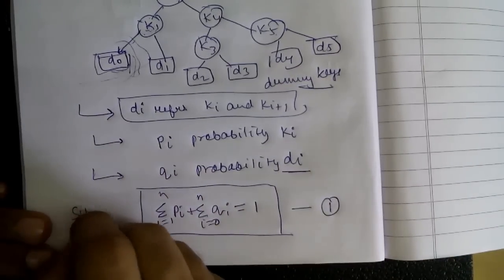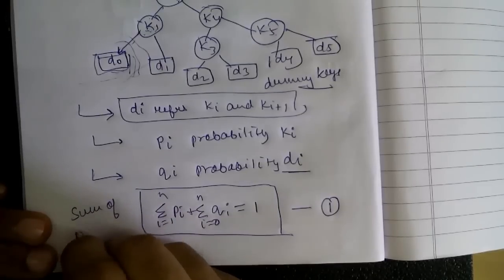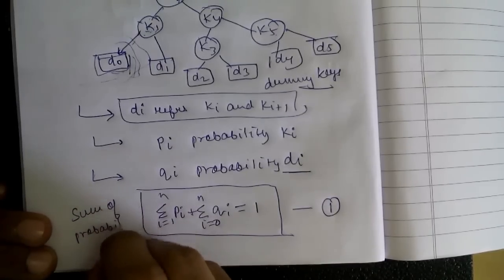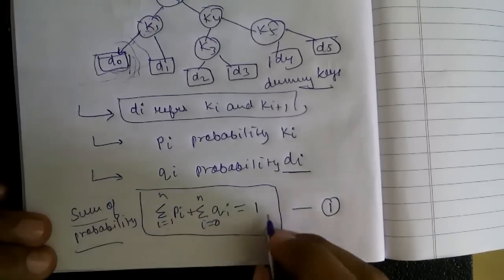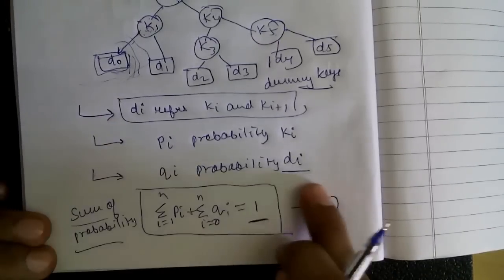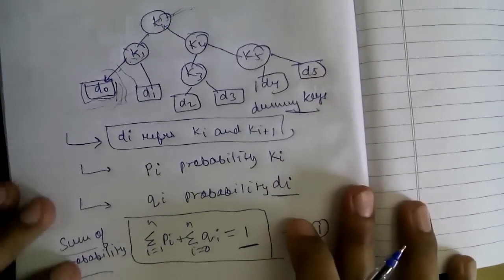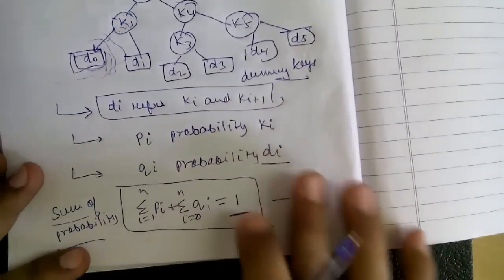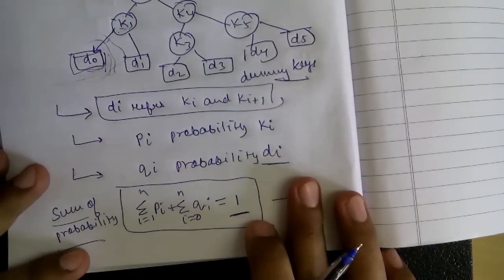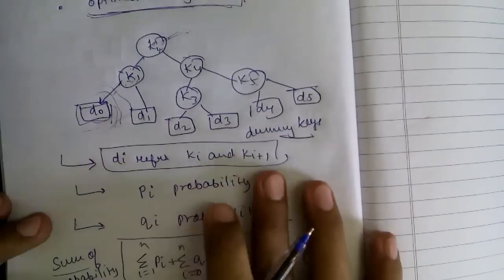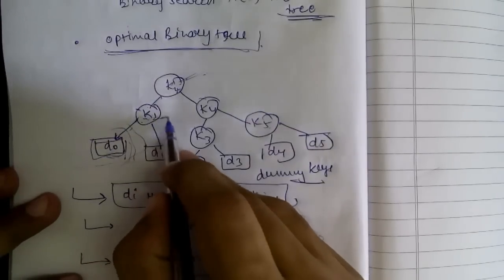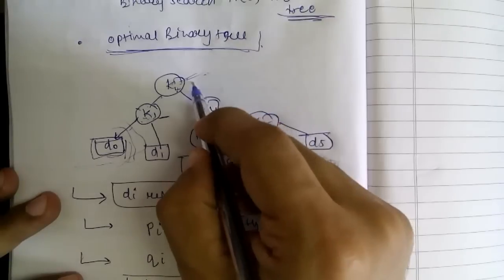This is the sum of probabilities, which equals 1 for the whole search. So our job is to minimize the expected cost. The cost in this context is the depth at which the key occurs plus 1.